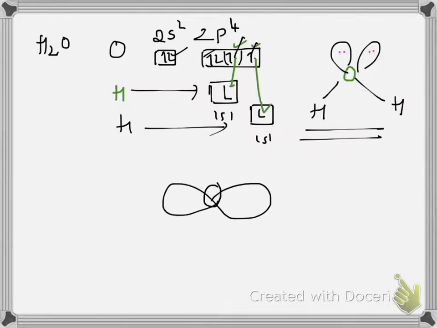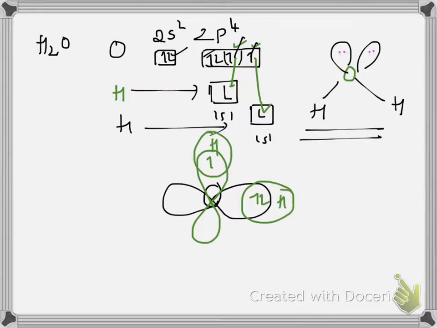One is like this and one is like this. Each of them carries one electron. Here one hydrogen comes with one electron. Here the other hydrogen comes with one electron. So this is one axis, this is another axis. Both the axes are internuclear axis.